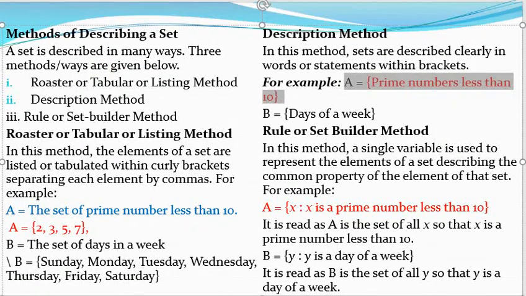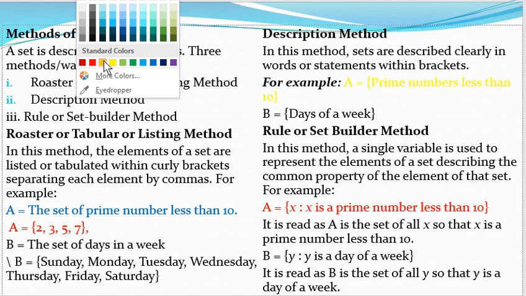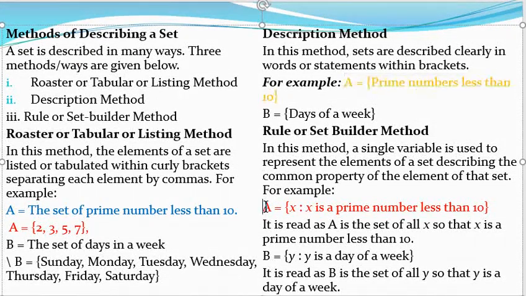Another is the description method, which I am coloring orange, and another is this A equals to, the rule or set builder method. So these three are the different methods of describing a set. Are you clear now? Three methods of describing a set.